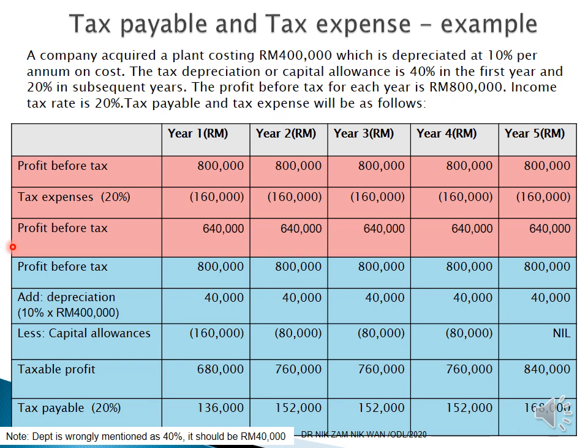So the one that we have in red is the calculation based on accounting principle. Meanwhile, the one that we have in blue is the calculation of taxable profit based on tax rules. If we look at profit before tax according to accounting principle, we have 800,000.